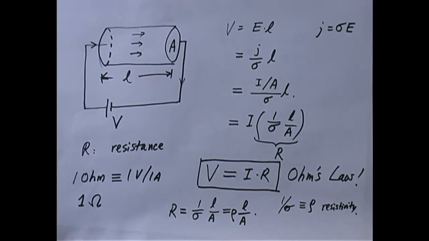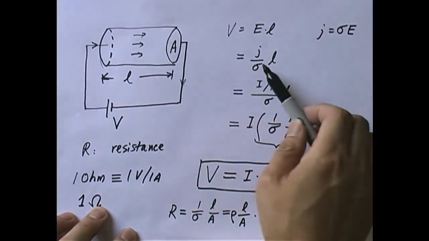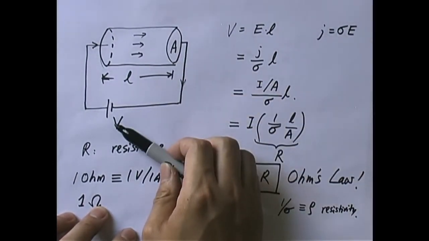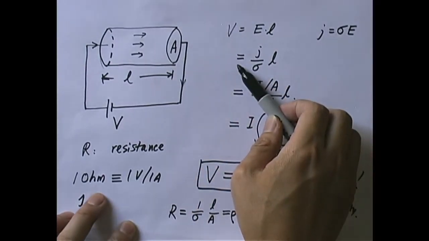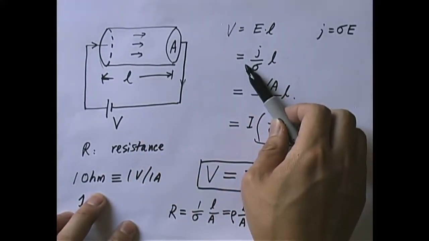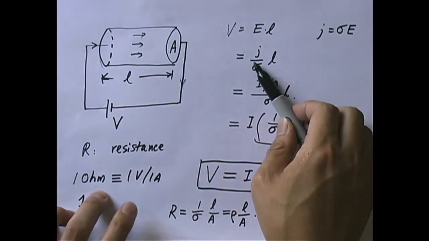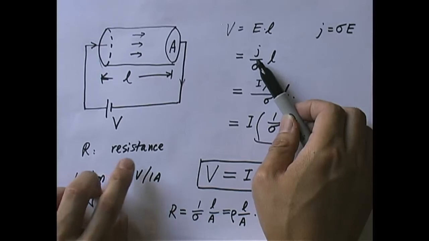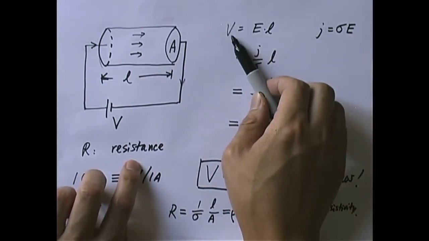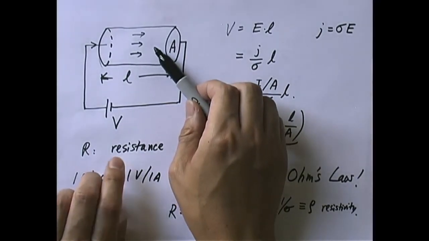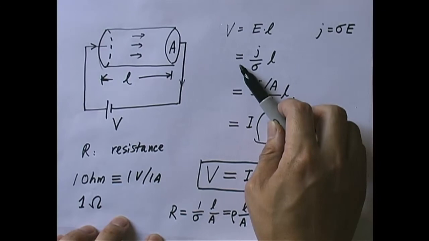Well, if I make this thing twice as long, keeping everything else the same, same cross-sectional area, hooked up to the same battery, then the same voltage difference will have to be applied over a region twice as long, and therefore it's only going to cause an electric field that's half as much, right? Because L doubles, V is the same, and that will produce only half the current density and therefore half the current. So the longer the wire is, the greater the resistance.